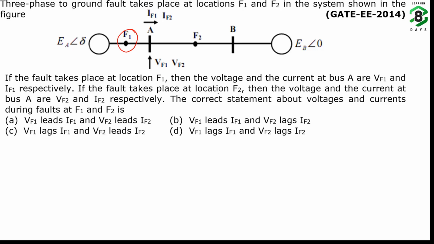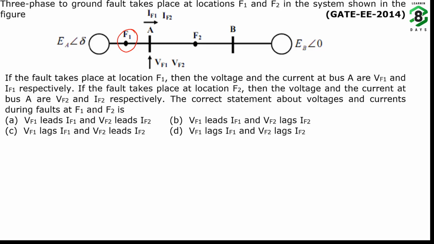If the fault takes place at location F2, then the voltage and current at bus A are VF2 and IF2 respectively. The correct statement about the voltage and currents during the faults at F1 and F2 is... it appears to be a very simple question, but it is really a testing question.